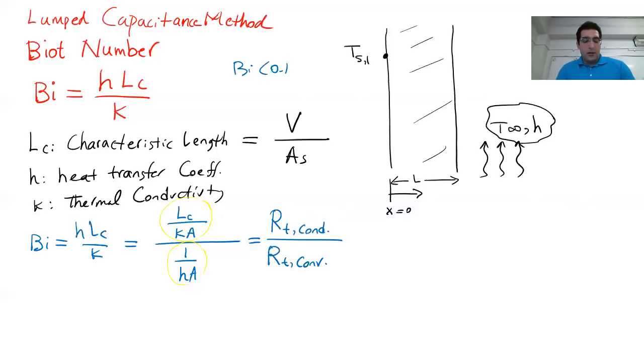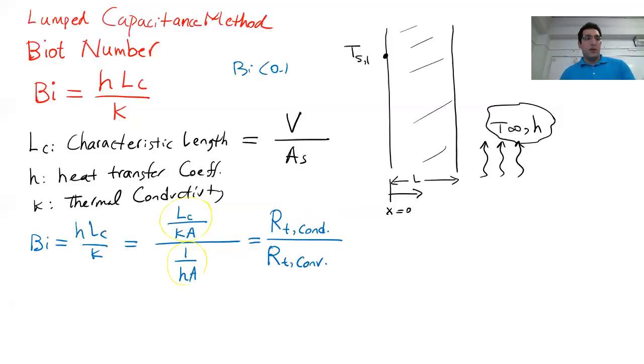Or in other words, the Biot number is comparing the resistance by conduction inside the solid material versus the resistance by convection outside of it, correct?